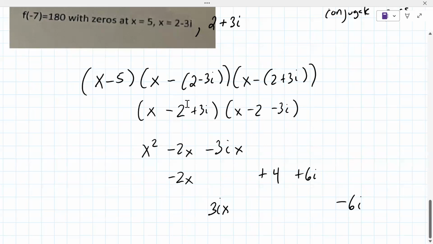So now the last one, sorry about that, is 3i times x. That's 3ix. 3i times minus 2 is minus 6i. And then it's 3i times minus 3i is minus 9i squared. Is that okay?